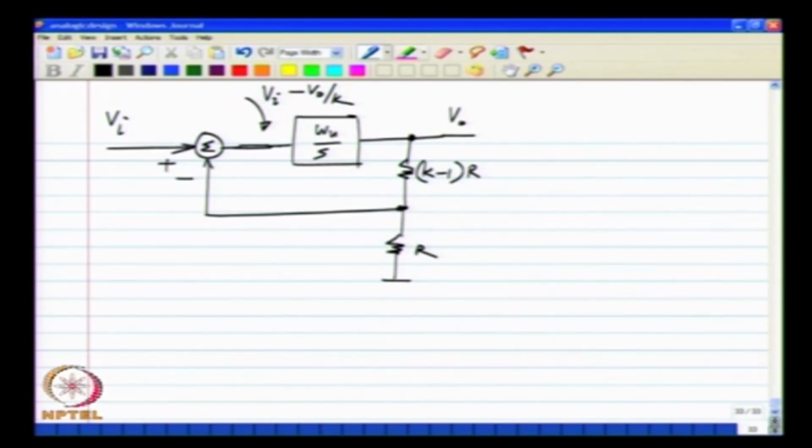Okay. So, it has a part that is related to the input to the amplifier, which is applied externally. It also has a part that is related to a quantity inside the amplifier, which is the output of the integrator. Okay.